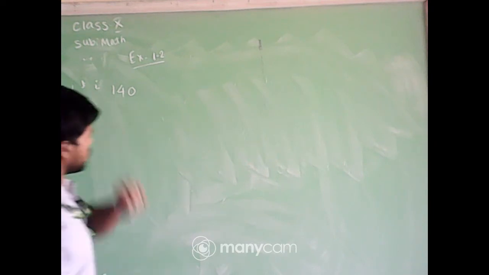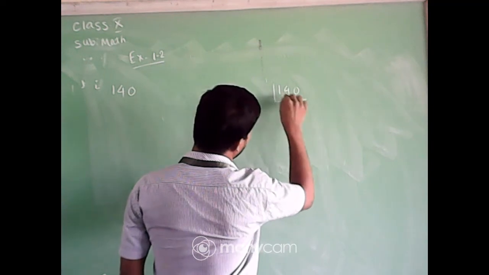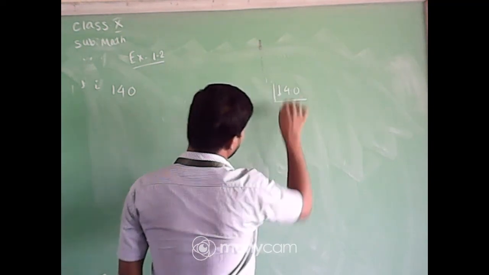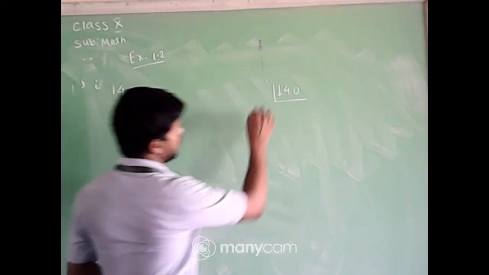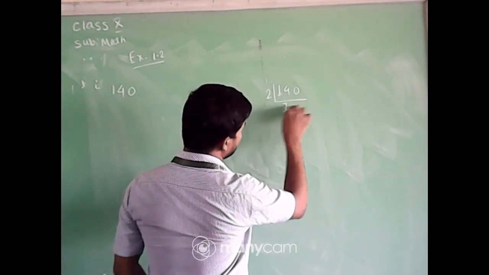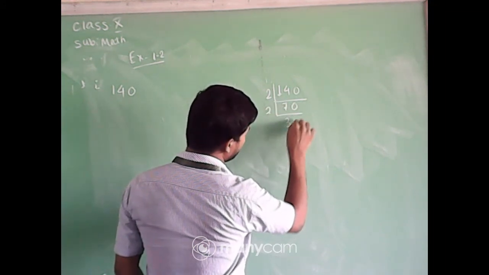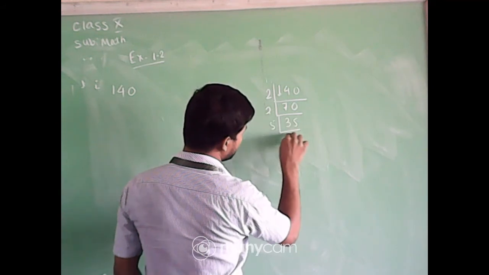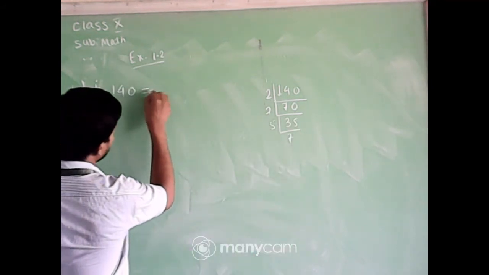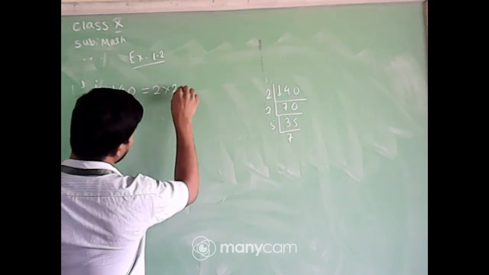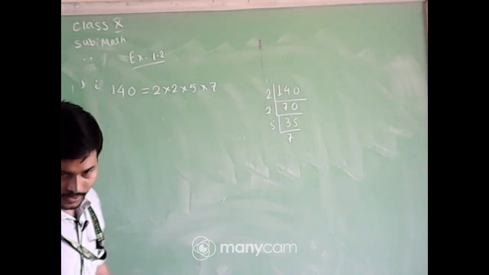Okay, so look, first find the factors of 140. So 2 70s are 140, 2 35s are 70, 5 7s are 35. So we can write 140 as 2 into 2 into 5 into 7.